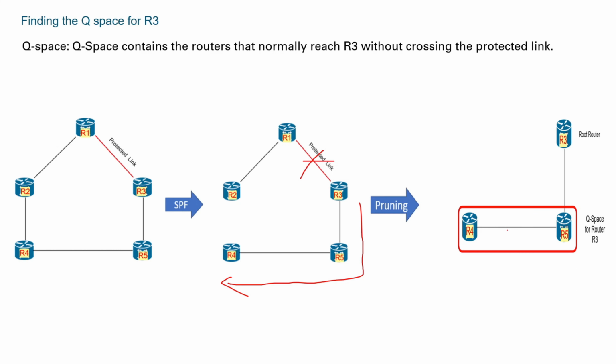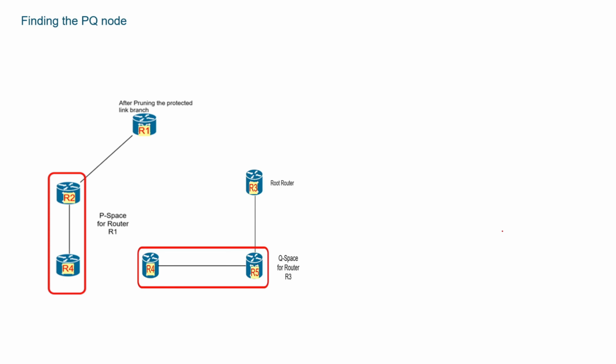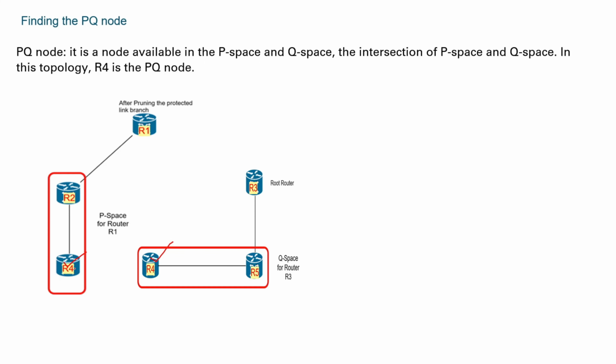To find the PQ node, this is the P space for R1, this is the Q space for R3, and we can see that R4 is common in the P space and Q space. So that node, R4, becomes the PQ node.